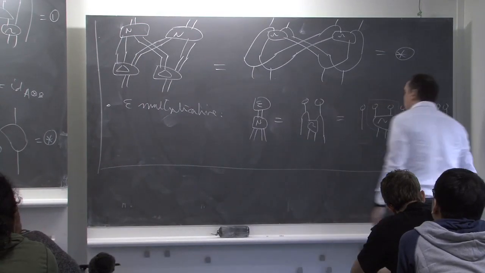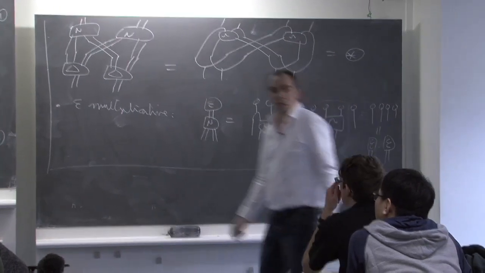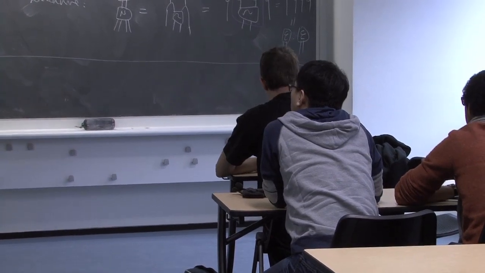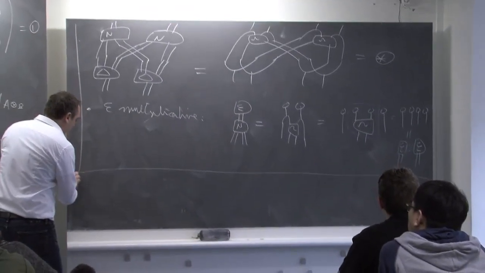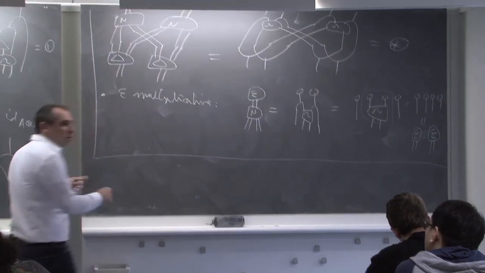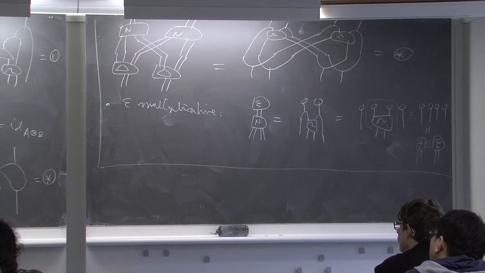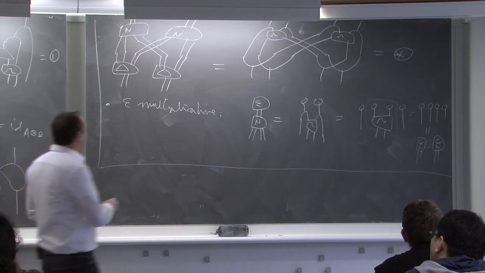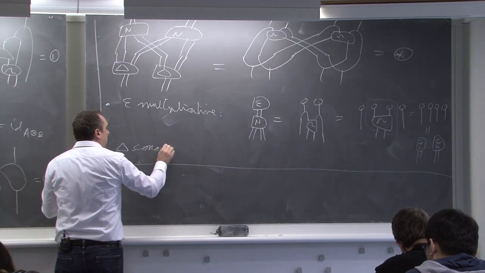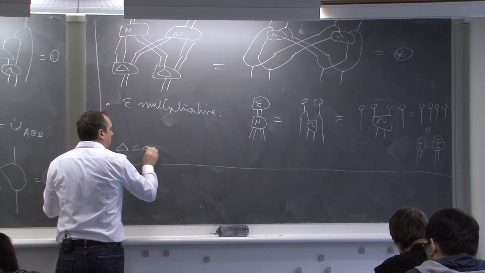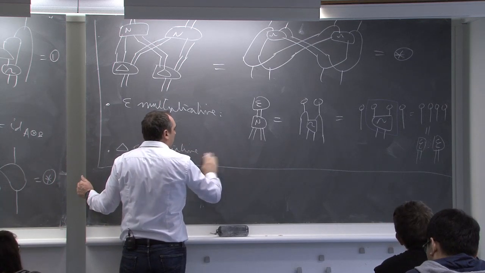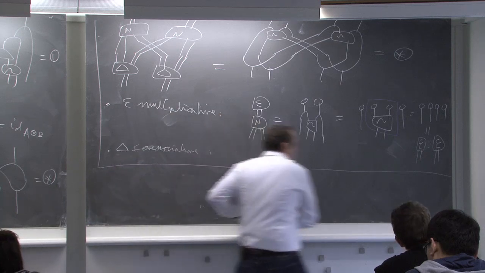Okay, so sorry, about co-associativity? The co-associativity we already used. It's quite evident because the product of two coalgebras is a coalgebra, but you can verify it by hand if you want.